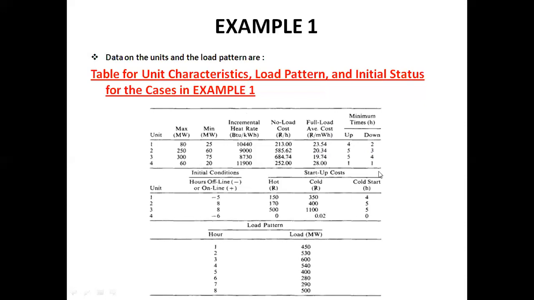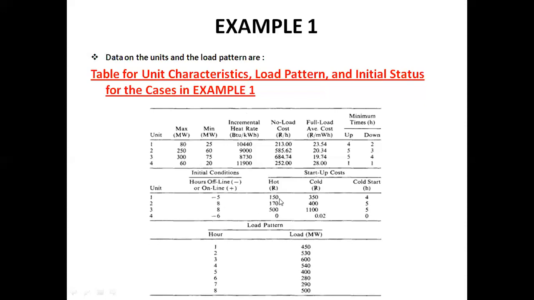We will neglect that particular part for our discussion of part 1, and that is for units 1, 2, 3, 4. They are the initial conditions, offline and online, given as 5, 8, 8, 6.